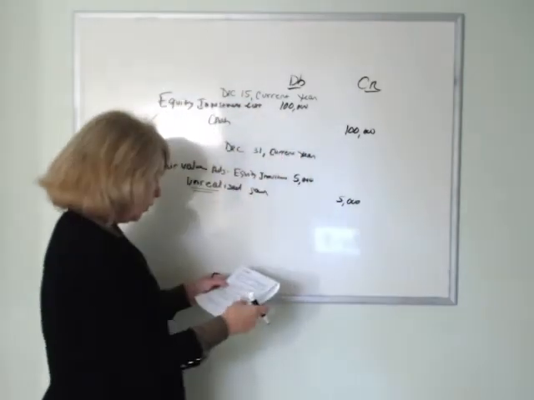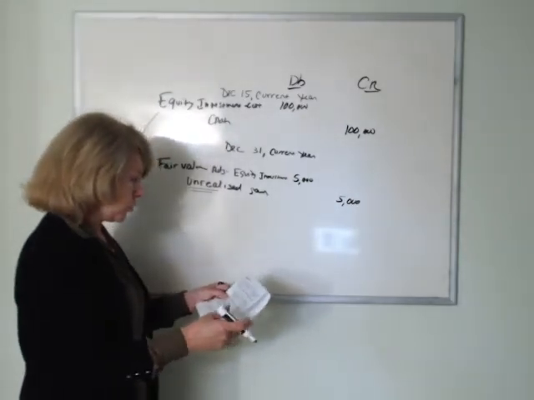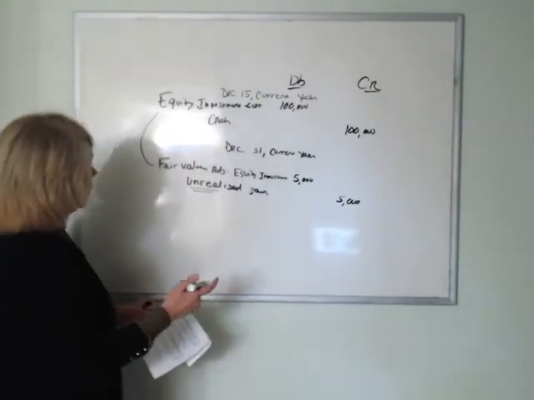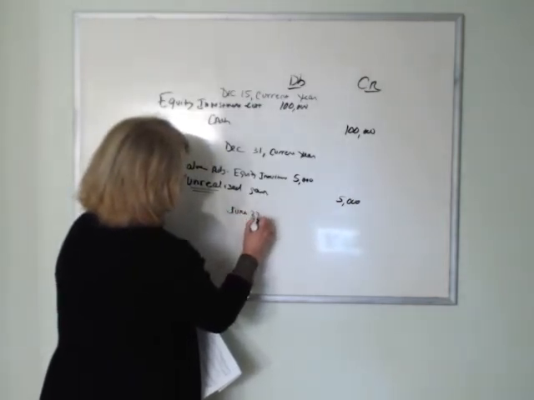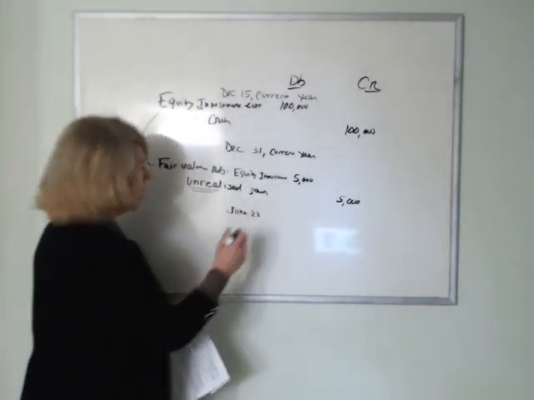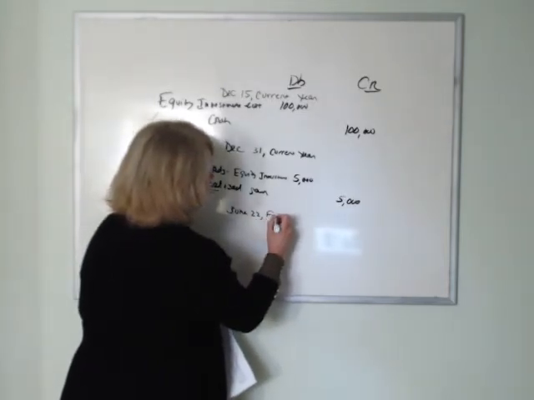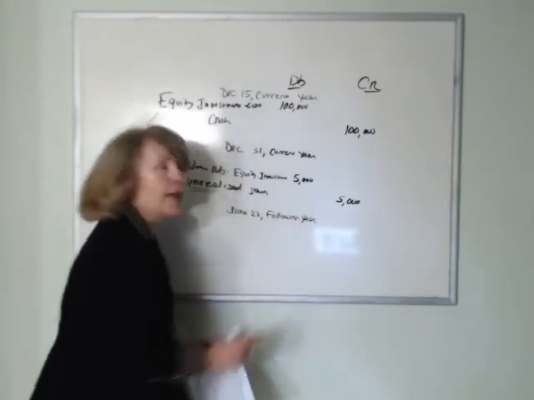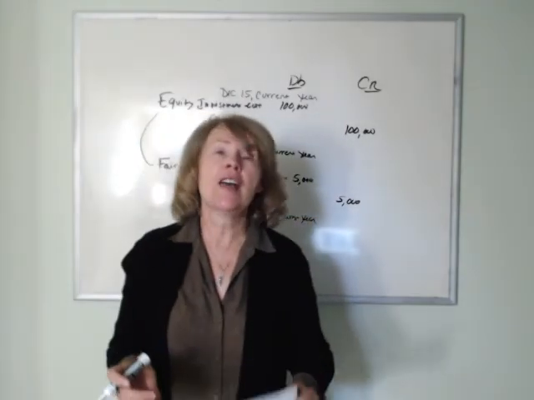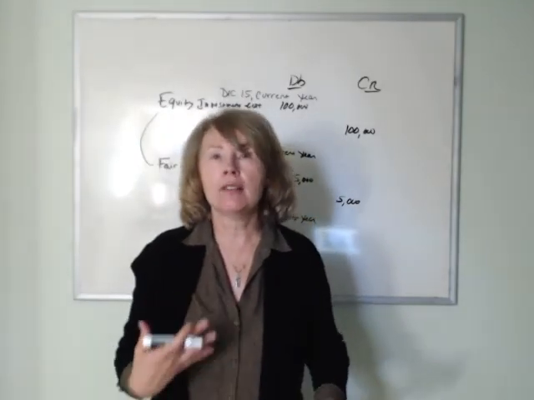All right, so now we go to the next year. So what did they tell you? Well, on June 22nd of the following year, they sold this investment. How much did they sell it for?